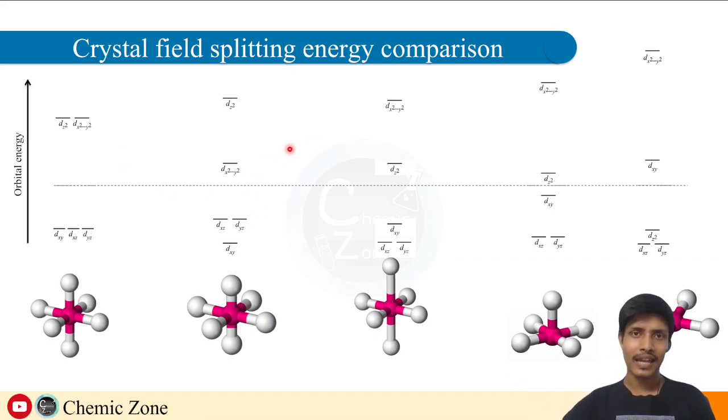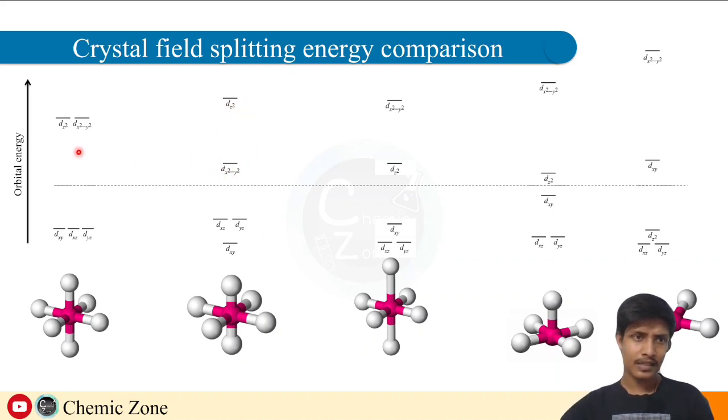As a result, the orbitals containing x and y terms will be stabilized because the ligands are moving away from the metal center. The highest energy will be dz square because we are pushing ligands towards the metal center in the z direction.